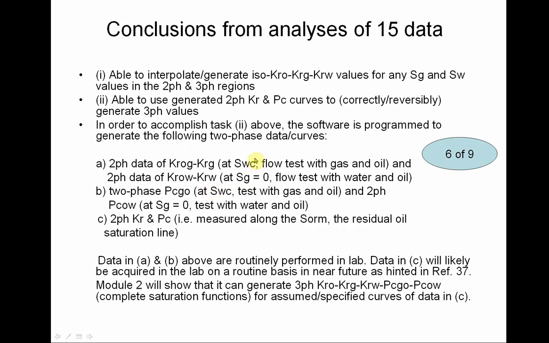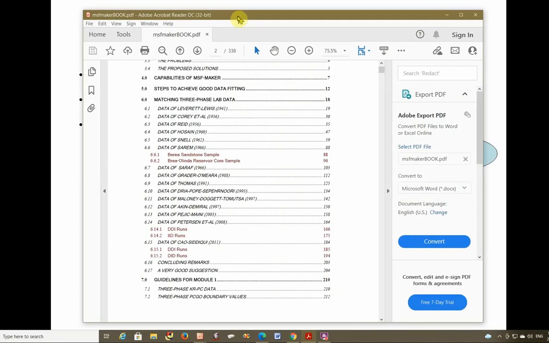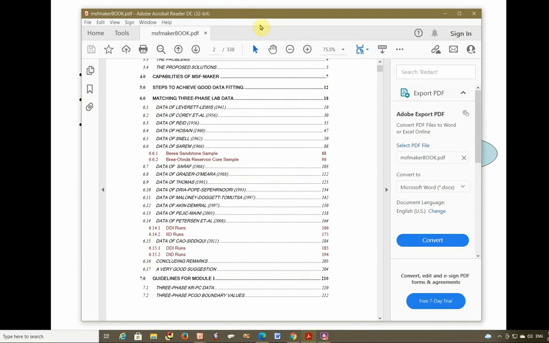Conclusion from the analysis of 15 data sets: we have analyzed 15 data sets that we found from public references, starting with the data of Leverett and Lewis 1941 until the data of CAO CDIX 2011.